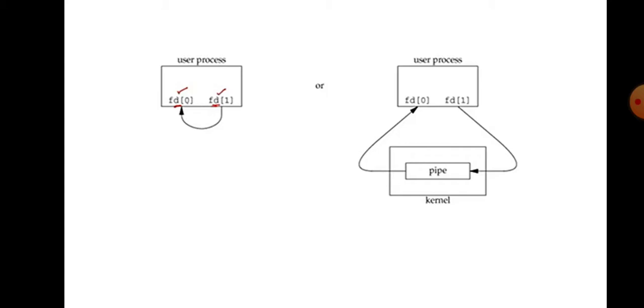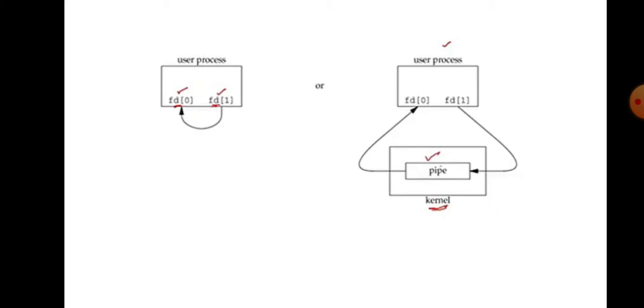The right half of the figure emphasizes the flow of data in the pipe through the kernel, as this gives a more detailed representation in the diagram. Through the pipe, the data flows through the kernel.